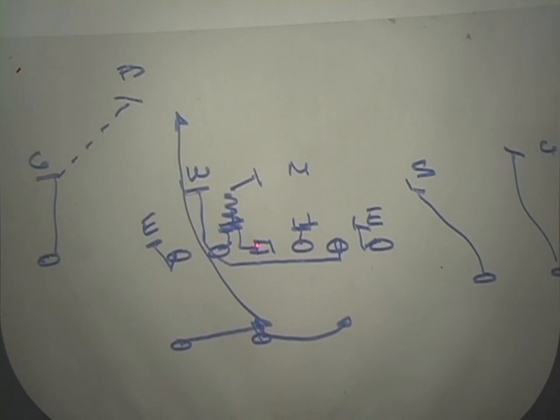Center's going to take what we call a trail step, and he's going to trail, pound, and he's going to work to the play side half on the defender, or down the back side half of the defender, and they're going to combo block to the mic.